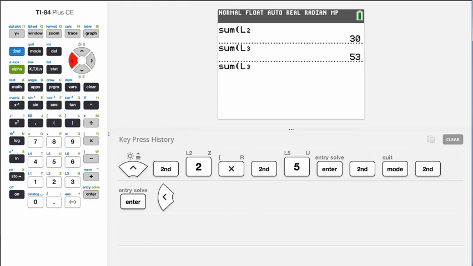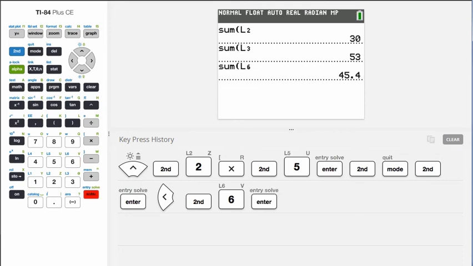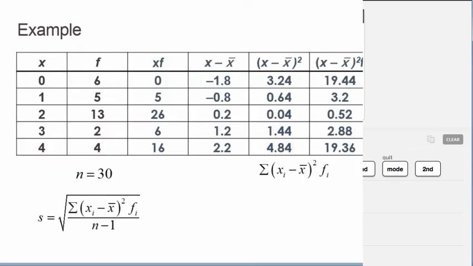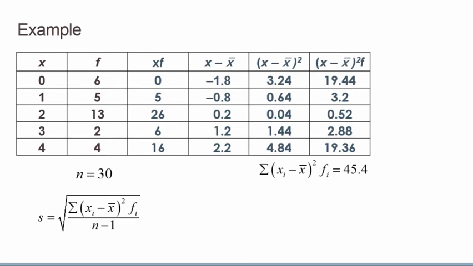Arrow over. Second, 6 gives me L6, enter, and I get 45.4. And now I'm ready to use the formula. I need to find the square root of 45.4 divided by 30 minus 1, which is 29.